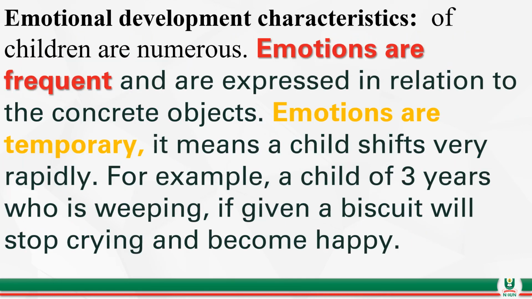Then there is emotional development characteristics. Emotional development characteristics of children are numerous and they are frequent. They express their emotions. These emotions at times are temporary. So when they want to cry, you see them crying, and within a short time, they are off it.